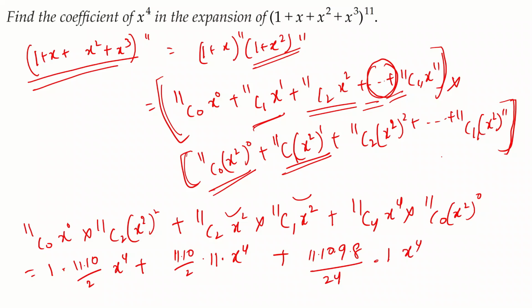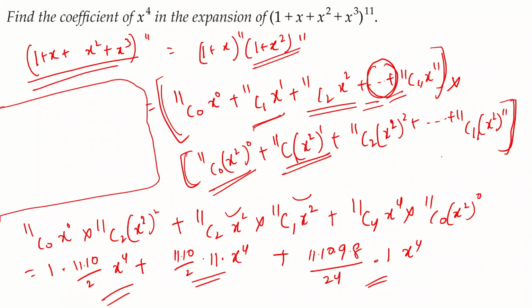So these are the three terms that give us x to the power of 4. So you simplify these now. So I simplify them over here, small space I need.